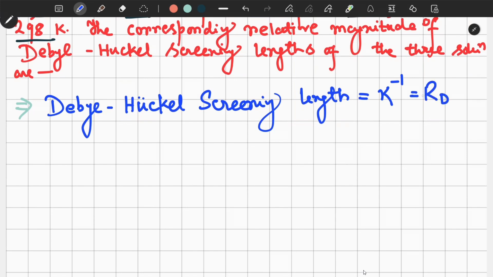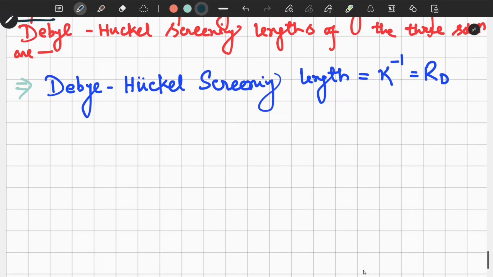R is for the length radius and D is for Debye. Why is it called kappa inverse? Because when you do the total derivation, RD appears as 1 by kappa. And kappa square is 2 square NAI divided by epsilon kBT.